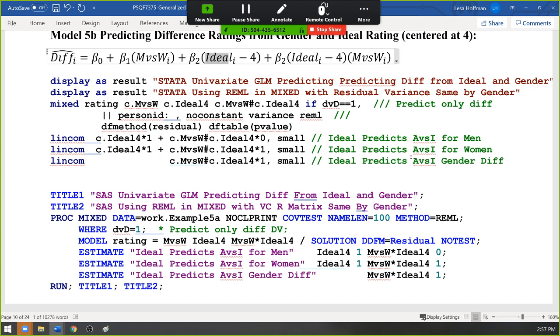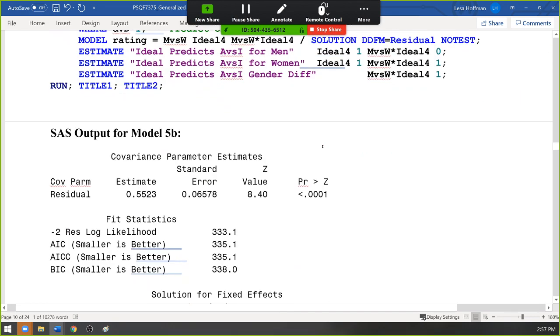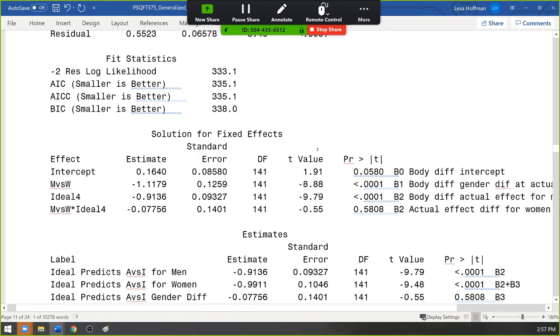Again, linear combination, it can't have all 3 of them. So let's see if ideal predicts differences. Yes. The larger your ideal body is, the more different it is, the discrepancy is. But that's the same for men and women.